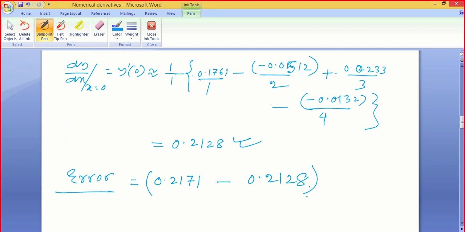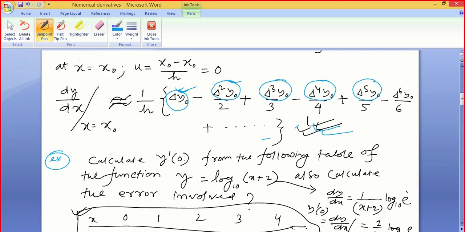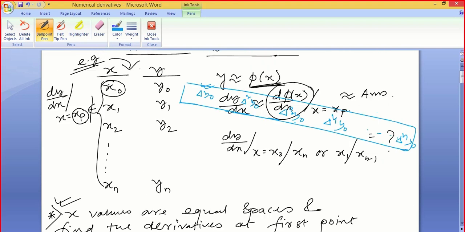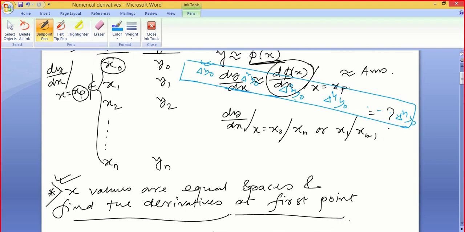Yes, sir. You have to remember this formula, and for any given set of discrete data points, you just find out the difference table. In that difference table, pick up the upper diagonal element to find the derivative at the initial point. Now the question is, sometimes you will be asked to find the derivative at the second point.